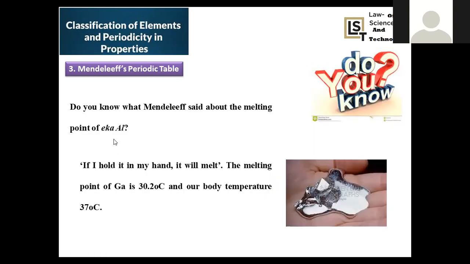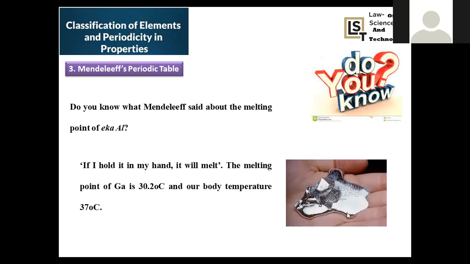So what he felt about gallium's melting point is that when we take that gallium into the hand, it will melt with our hand temperature only. He felt like that, even though that element was not known to us. He thought that by taking the gallium element into the hand, our hand temperature will melt it.